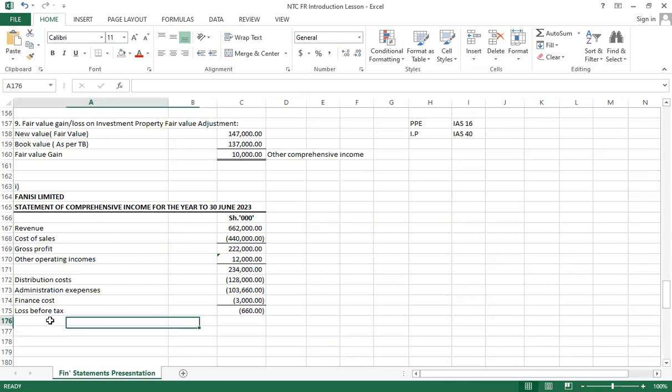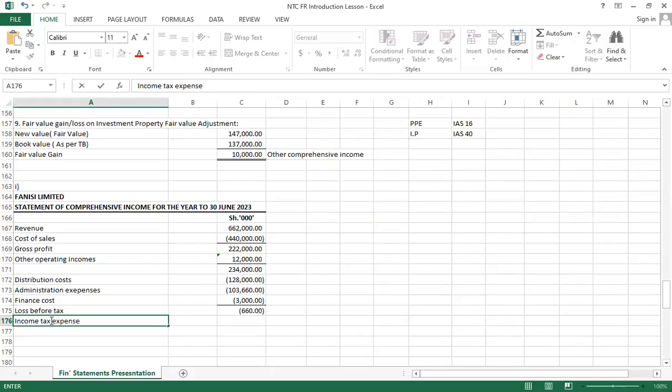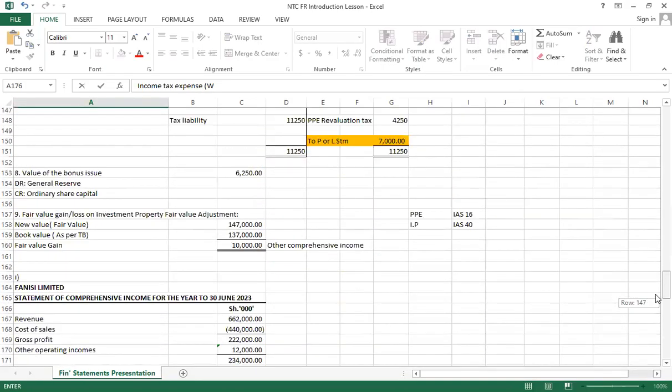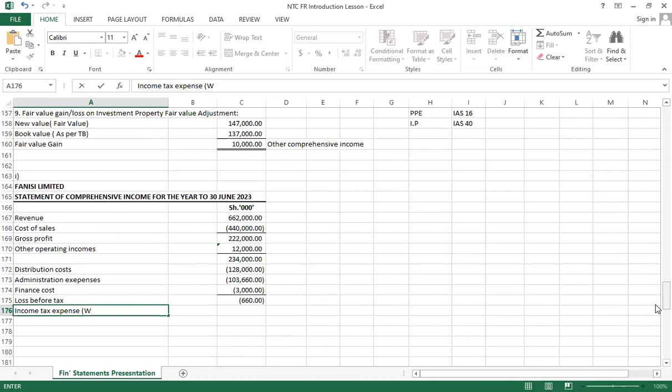And so next we proceed to how much is our income tax expense. For this one, I want you to refer to working number 7, where we had prepared the tax account.